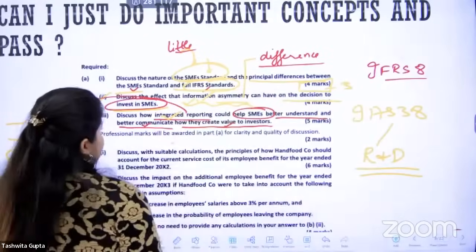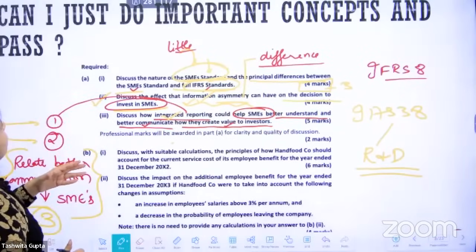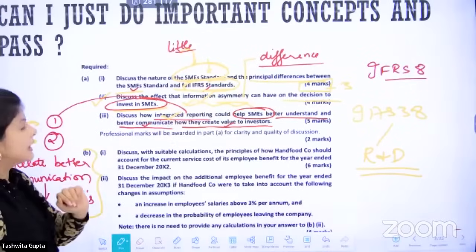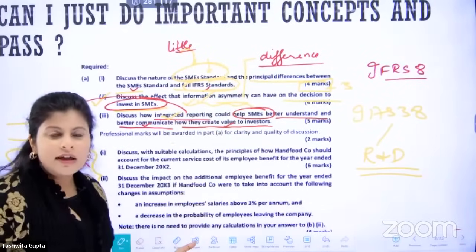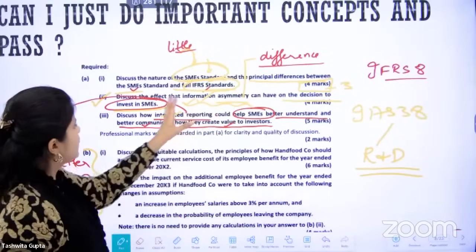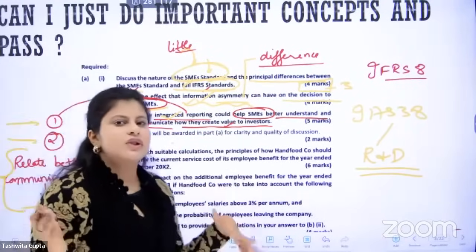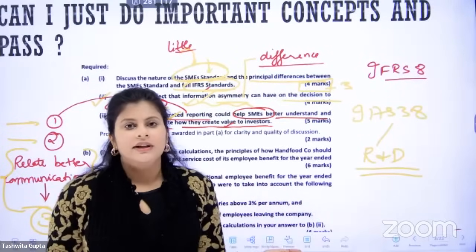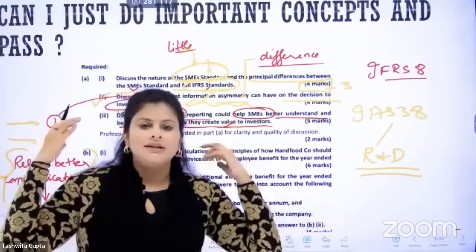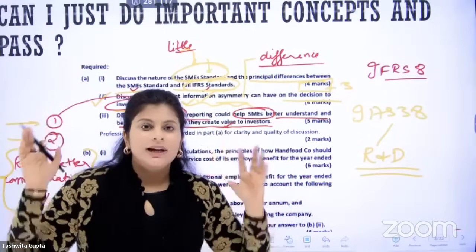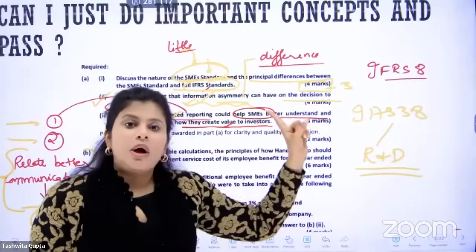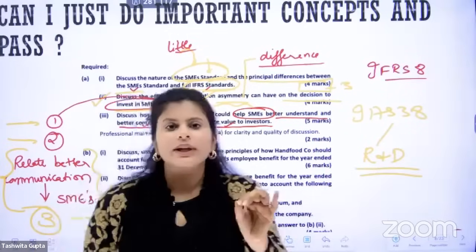Next. So what I want to tell you is, can I just do important concepts? SME is not an important concept as per what you must have heard, that this is easy, this is small. Information asymmetry and integrated reporting, this is also something people take for granted, that this is an easy topic, let's leave it, or we'll just listen to some podcast by ma'am and we'll pass. No. When you encounter these concepts in the kit, you don't want to read it from the text.